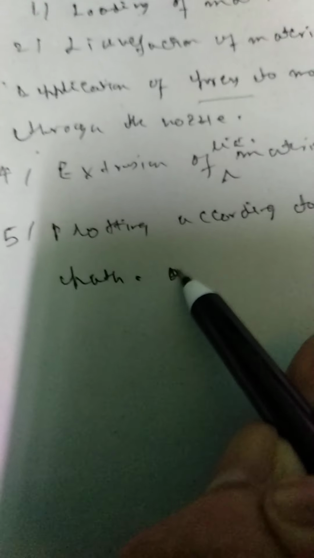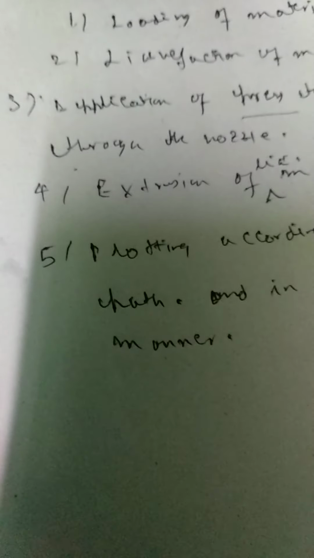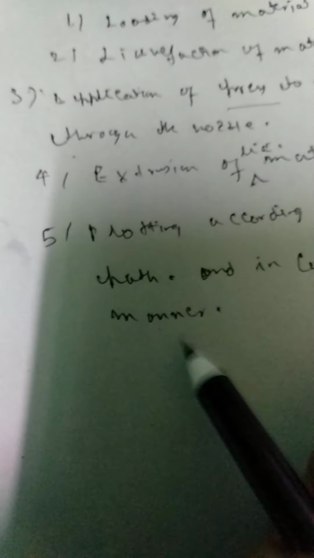The fifth step is plotting according to a predefined path and in a controlled manner. This is the fifth point.